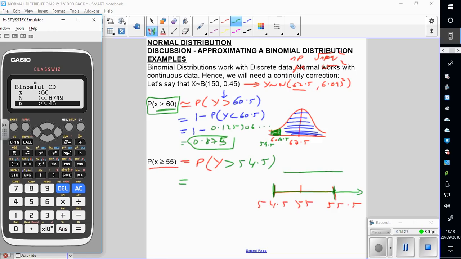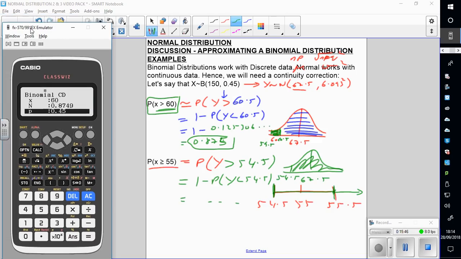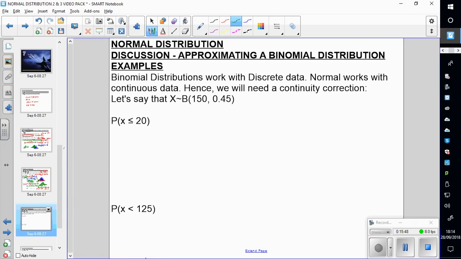And then we go to our normal distribution stuff. So 0.5, there's our 54.5. So it's everything here that we're looking for, which is the same as 1 minus probability of y less than 54.5. And then you do it as normal, okay? So I don't need to do that with you. Let's do just a bit more of that.